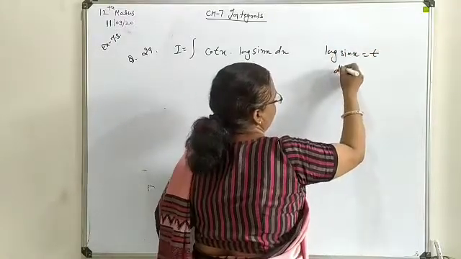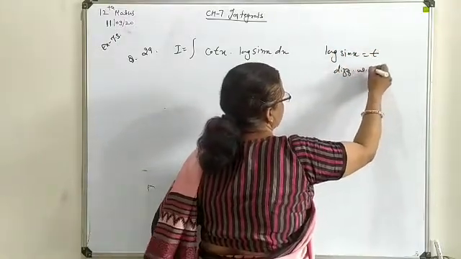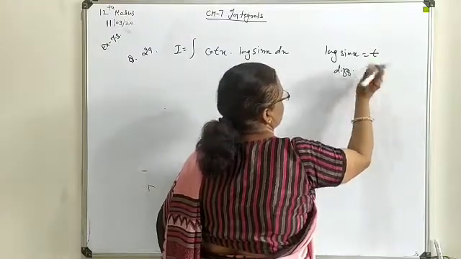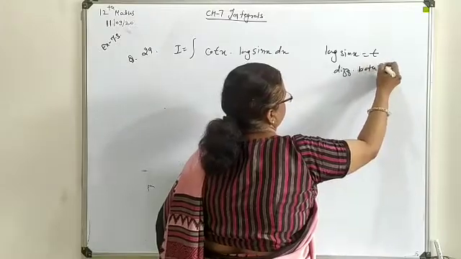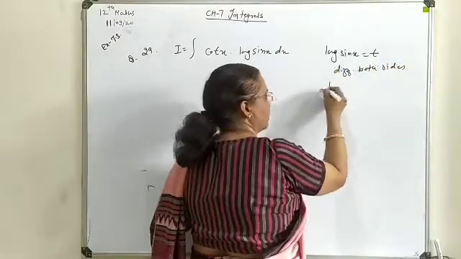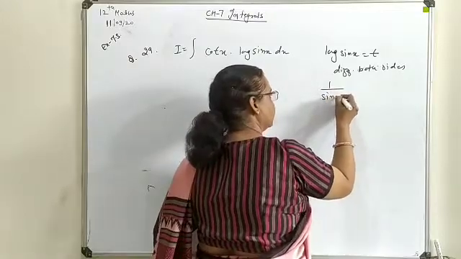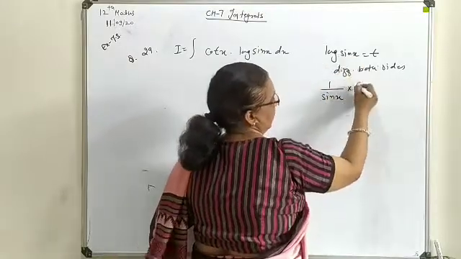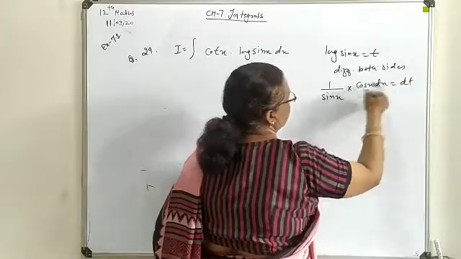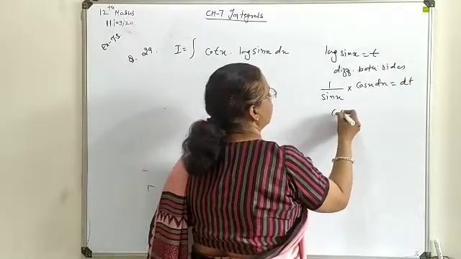Now make it differentiate. First of all, regarding the log, it is 1 upon sin x. Differentiation of sin x is cos x. This is dt. Cos x upon sin x will turn to cot x.